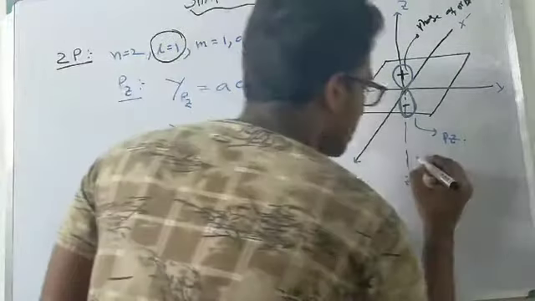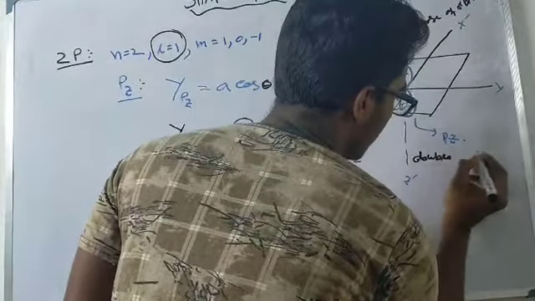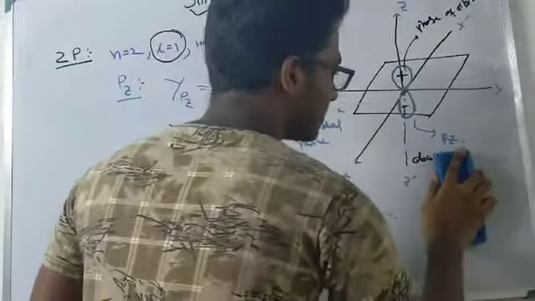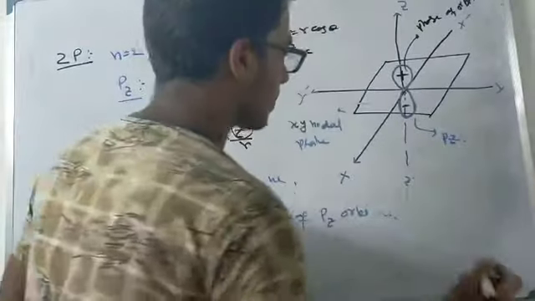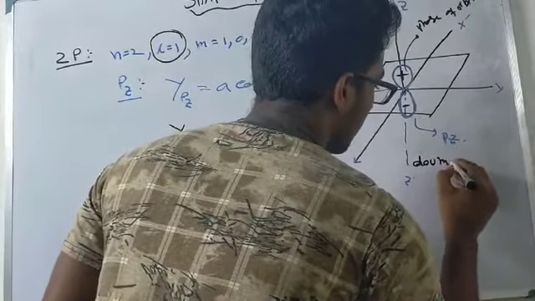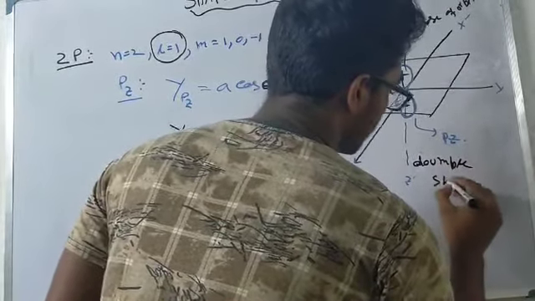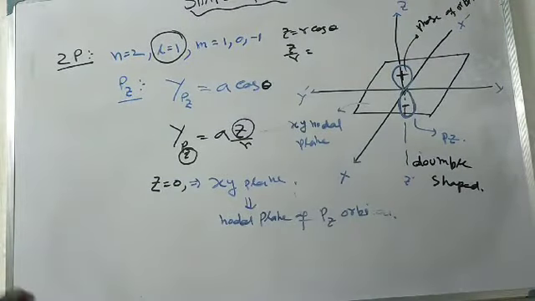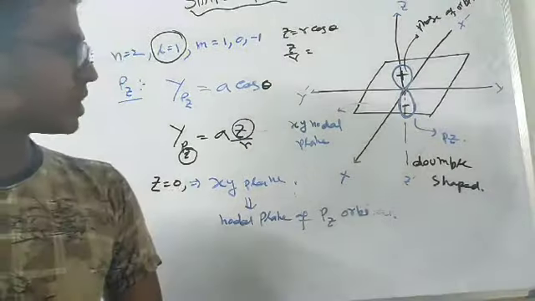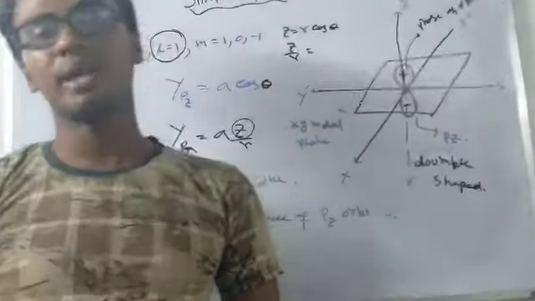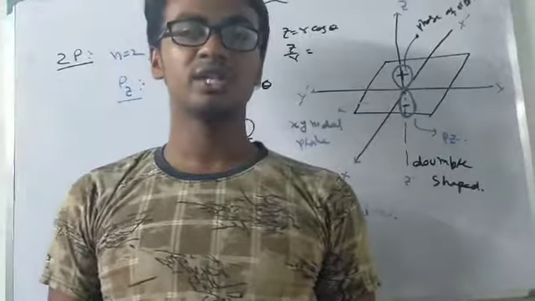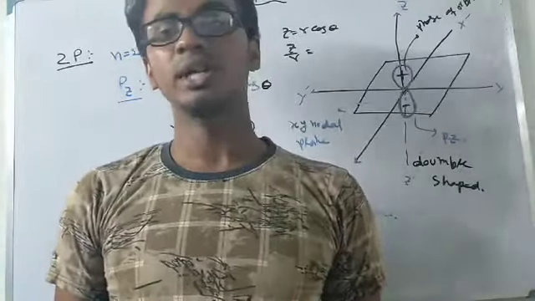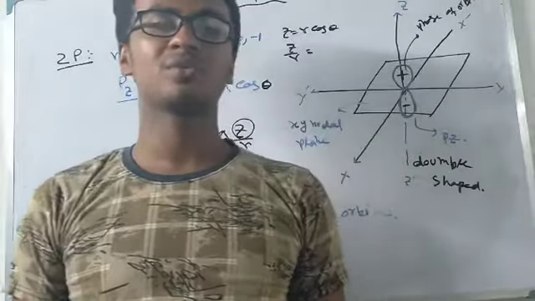This is called dumbbell shaped. So this is all about the pz orbital. I think it's clear why this is called the pz orbital: in the angular wave function, this wave function only depends on the z value of the Cartesian coordinate.